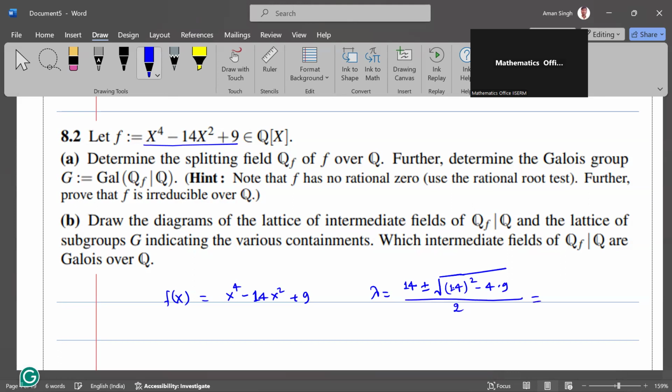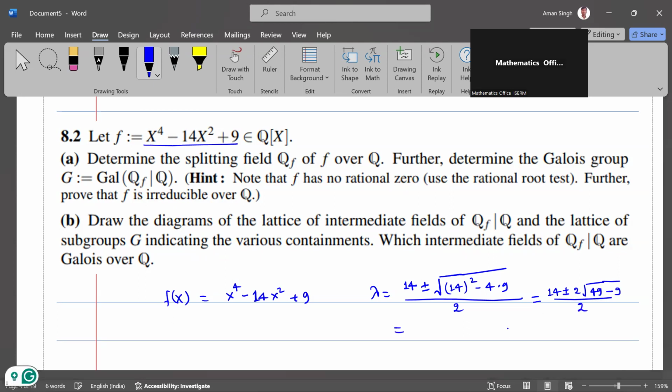You take 4 common outside the root, so what is left is 14 plus minus 2 times root of 7 square, which is 49, minus 9, because 4 is taken outside as common.